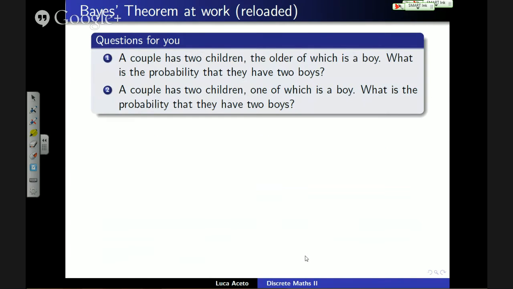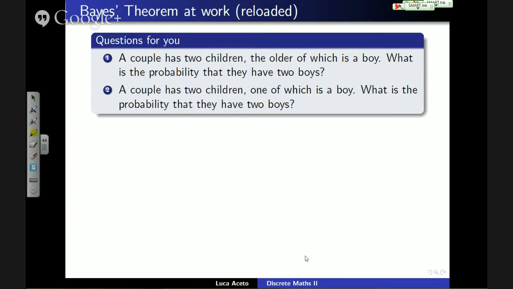So, let's see Bayes' theorem at work on a pretty classic example. Some people think it's a paradox, but in fact, it's not a paradox. It's just probability at work. There are 2 questions that have to do with families having 2 children. You know that a couple has 2 children, and the older is a boy.